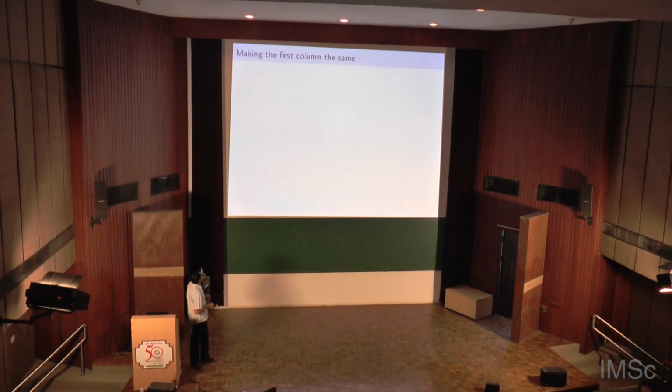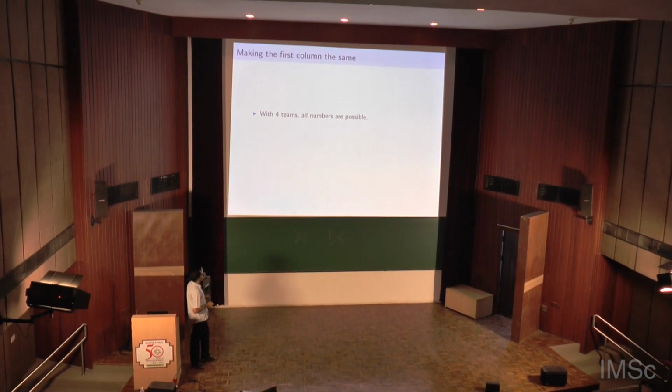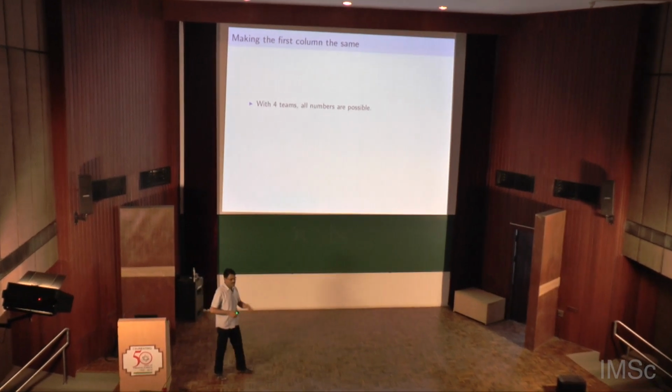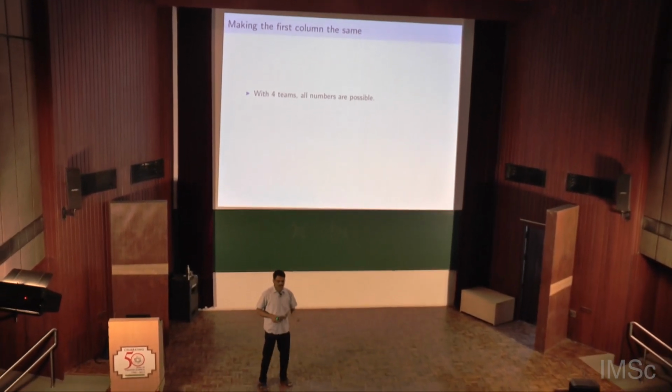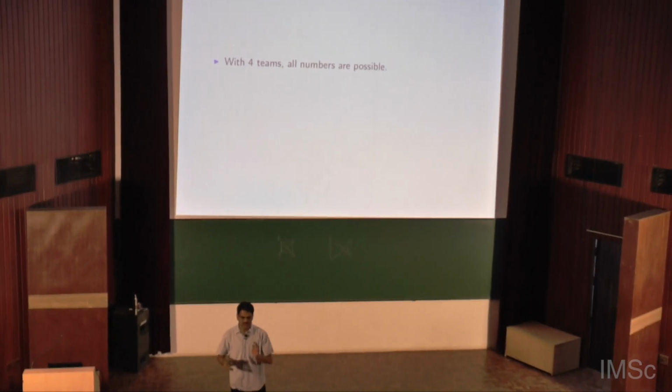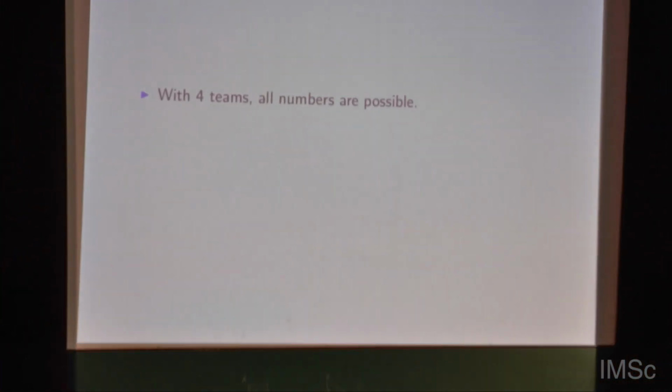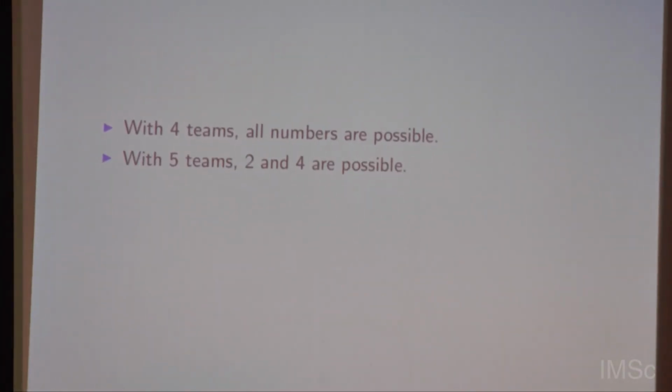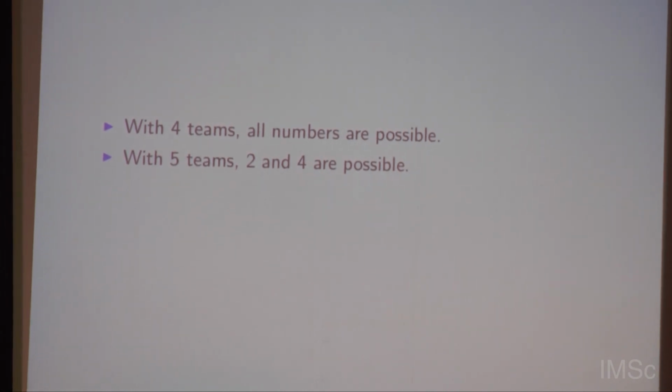Okay, so what have we learned? If there are 4 teams, you can synchronize to have everybody played 1 match, 2 matches, 3, 4, 5, 6, and all that. But with 5, we have a little bit of a problem. If I want to get everybody synchronized to 2 or 4, which is possible, but 1 and 3 seems like that's not possible. I mean, at least we've tried, we don't know, right?